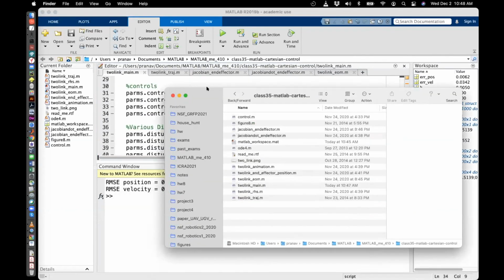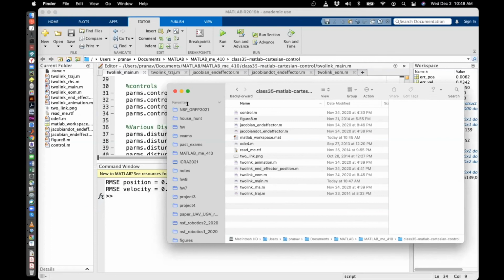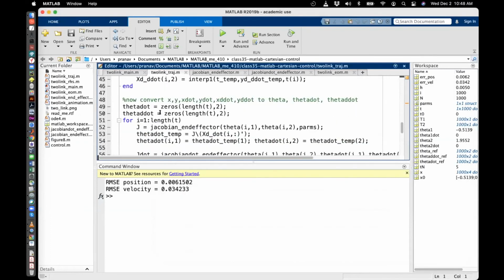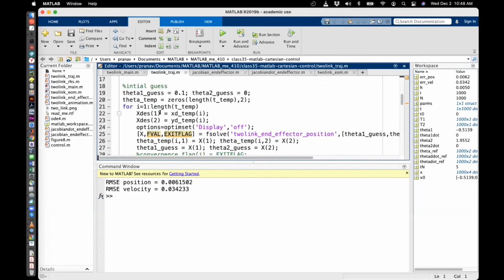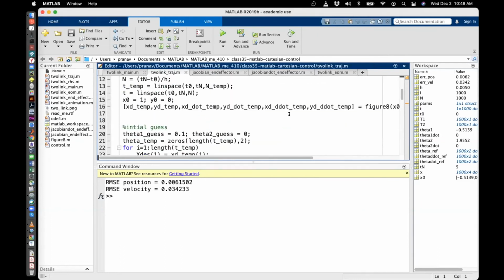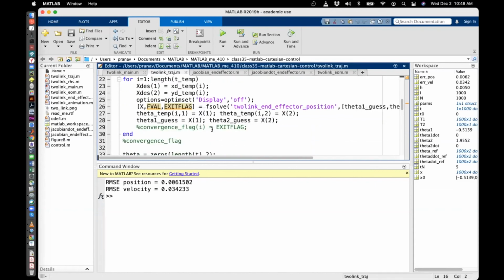Let me just do one more thing and I'm done. Tooling, traj. This is the place where everything comes together. I get the reference motion, x dot, x double dot, y dot, y double dot, and then I use fsolve to get the value for the q, right?